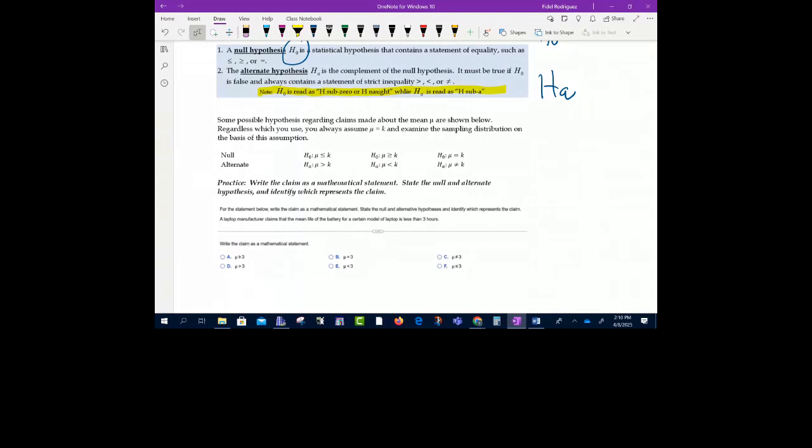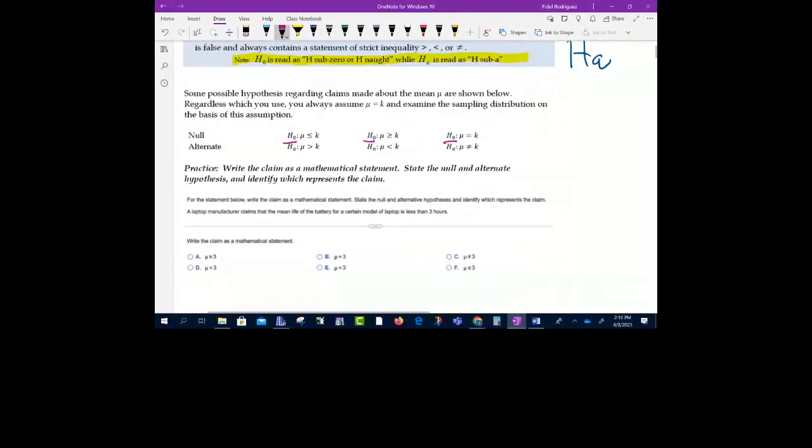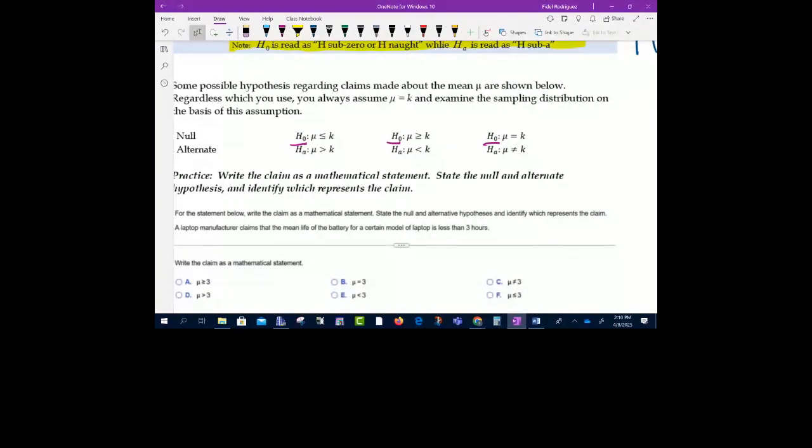The null hypothesis always has the H0, and the alternate is always going to be the HA. The difference between the two is that the H0 and the HA are going to be opposites of each other.